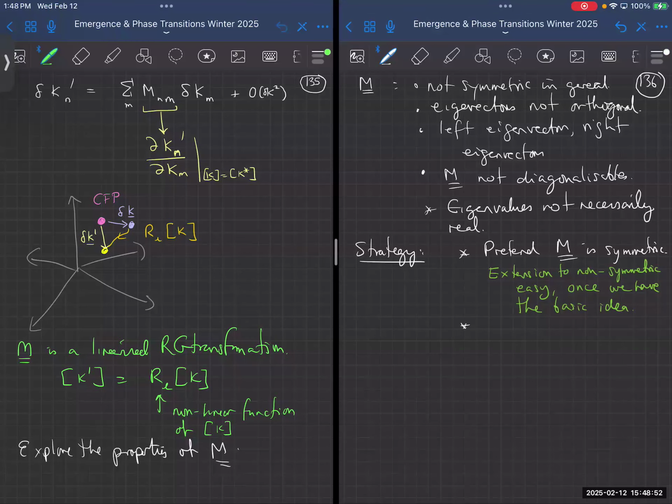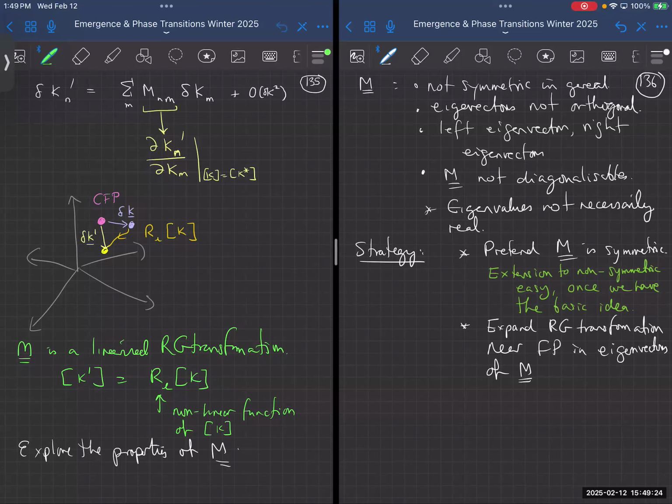Then the next thing we're going to do is we're going to expand the RG transformation near the fixed point in terms of eigenvectors of the matrix M. And we're going to look at the physical significance of the eigenvalues of it.